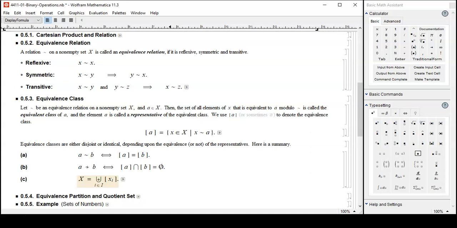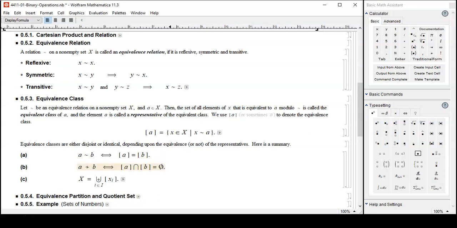The reason is like this. Equivalence classes can be either identical or disjoint, black or white, no gray. If the representatives are related, then the equivalence classes are identical. If they're not related, then they're completely disjoint.